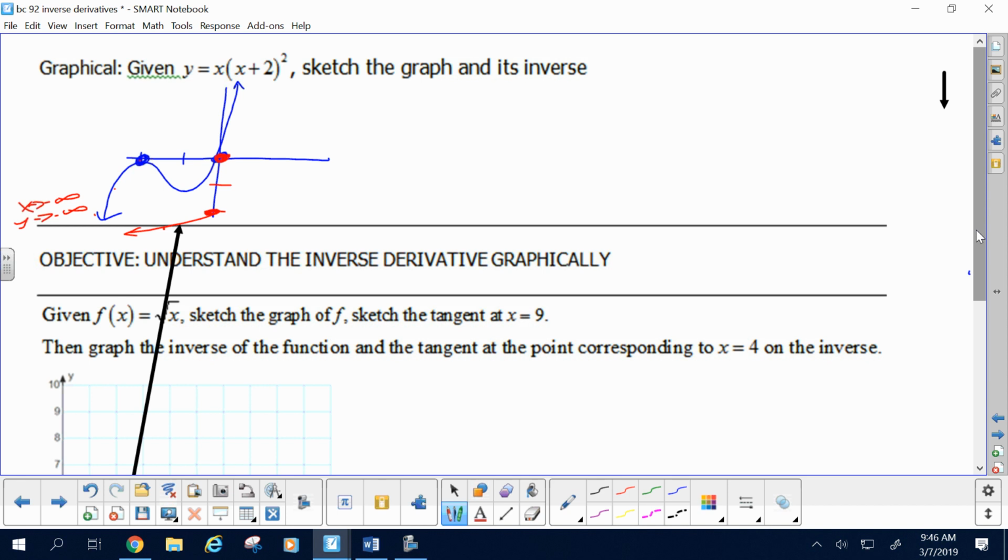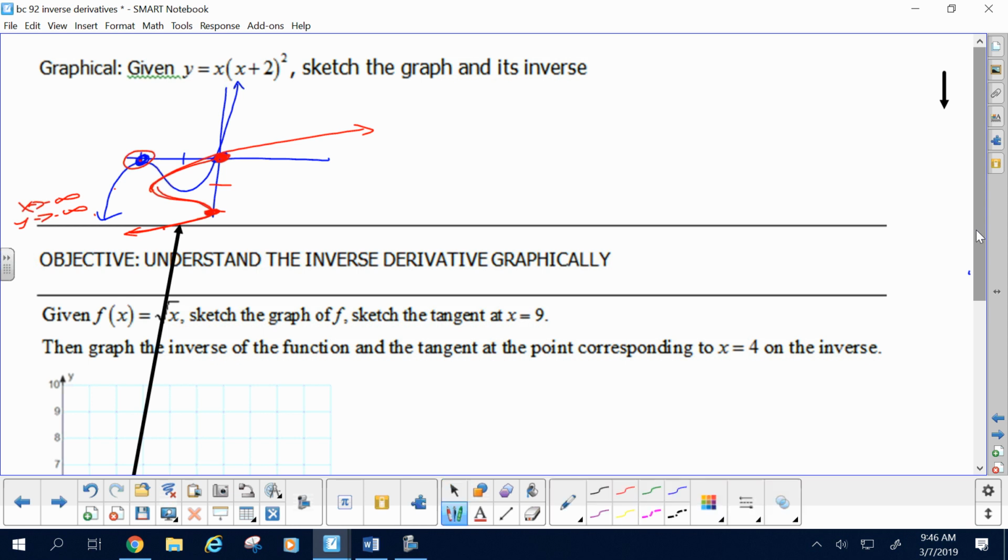Here, I'm going to then bounce off this. Don't you agree it bounces off an x of -2? So my inverse will bounce off the y of -2 and then go till it hits that other root and pass through. Where's the symmetry for a function and its inverse?